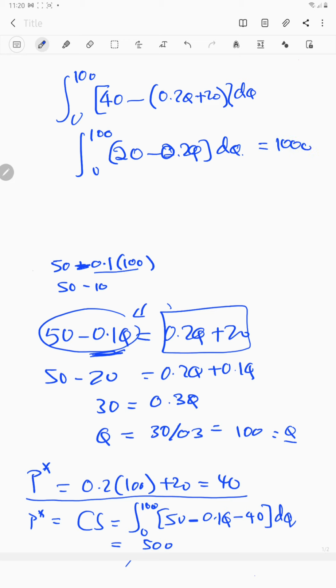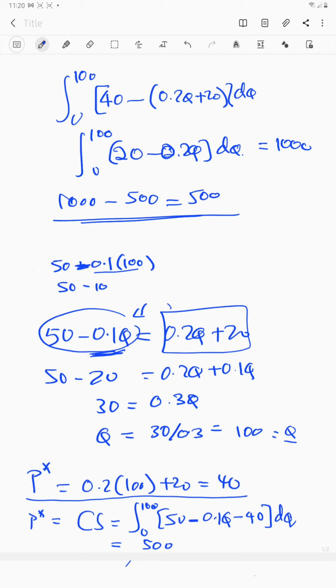So what will be the surplus in that case? The surplus is the difference, which is 1000 minus 500. It means these people were able to make 500 as an extra amount from that particular point.